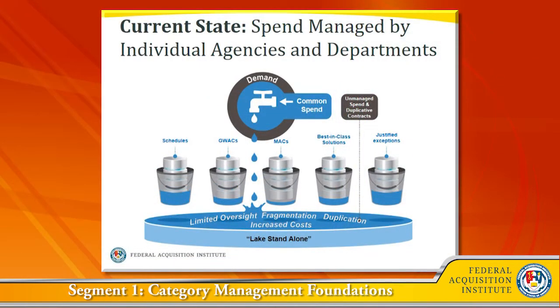The demand landing in the buckets represents spend under management. Remember, the goals expressed in the key performance indicators is to increase the amount of spend under management in every single one of the 10 categories. Unfortunately for taxpayers, a lot of demand is landing in Lake Standalone right now, because siloed buyers are missing out on opportunities to leverage shared, strategically managed sources of supply.